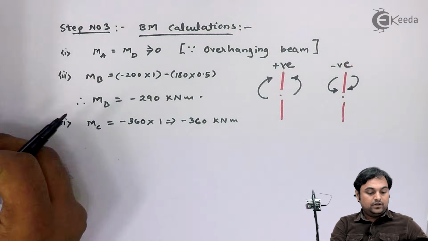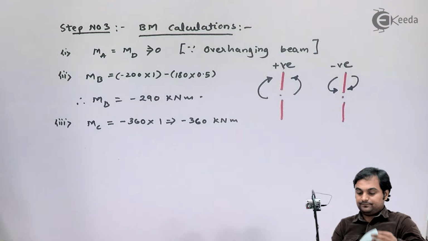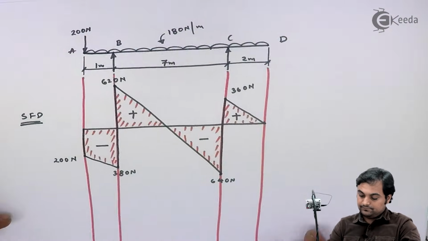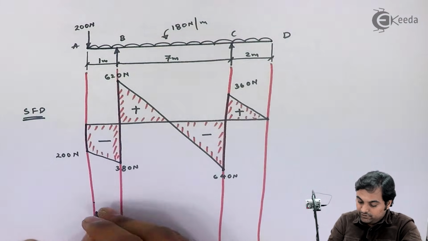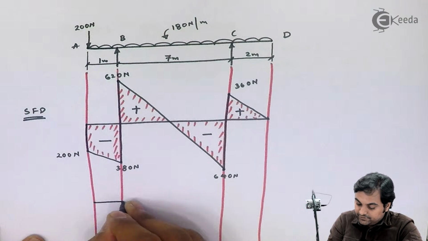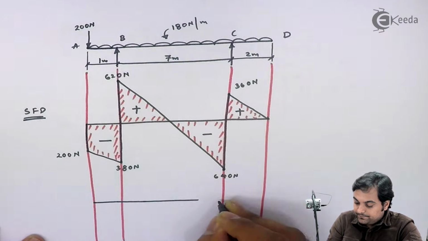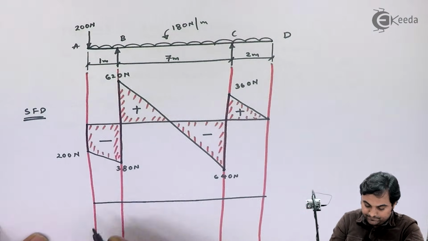Now, after this, I can draw the bending moment diagram. For this, I will draw a line equal to the length of the beam. Bending moment at A and D, they are 0.